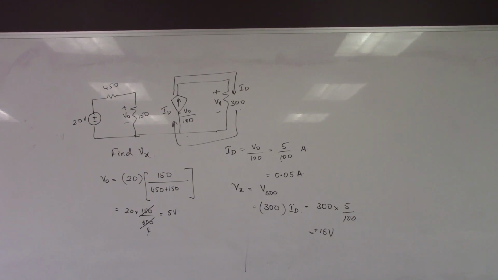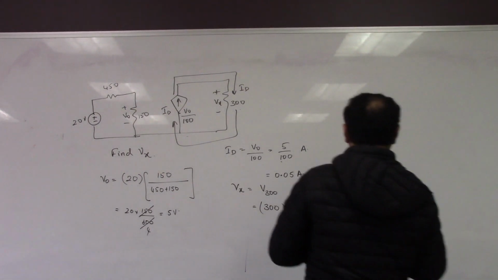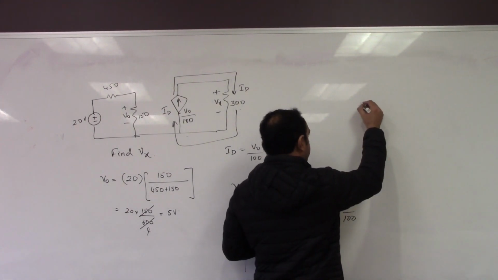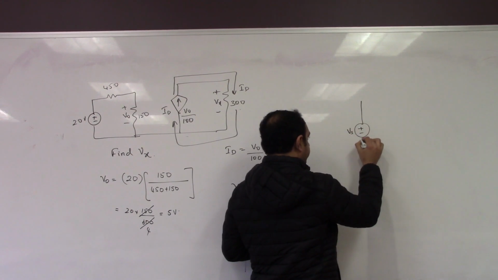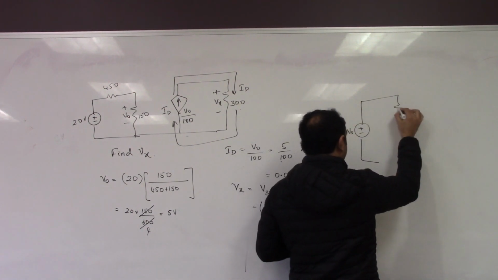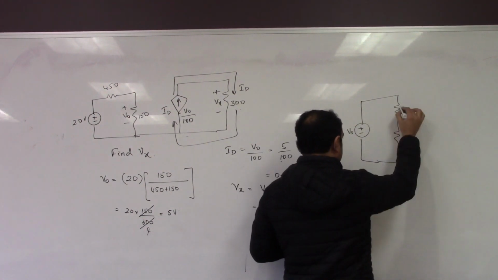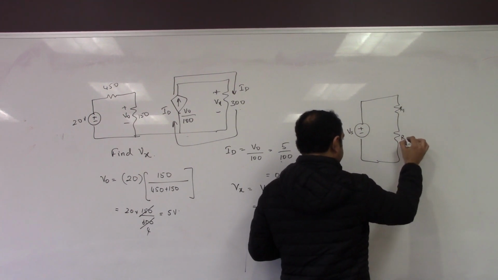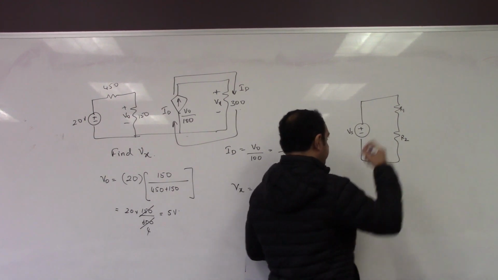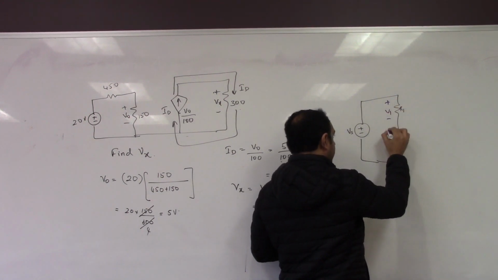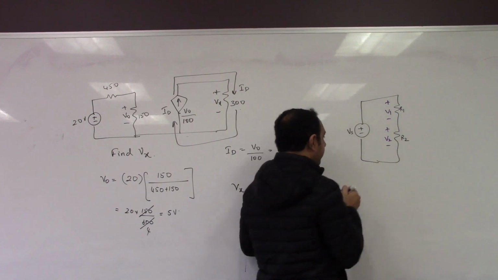Okay. With voltage division, let's say you have two resistors, R1 and R2, and the voltage across each one of them is V1 and V2.